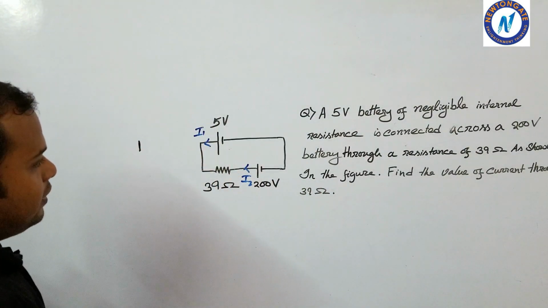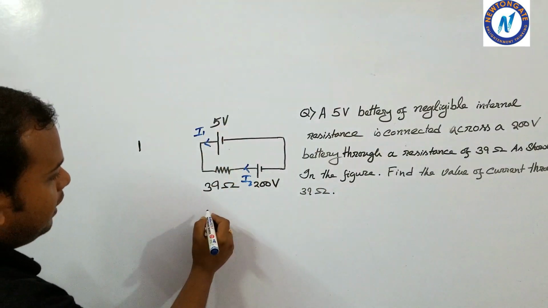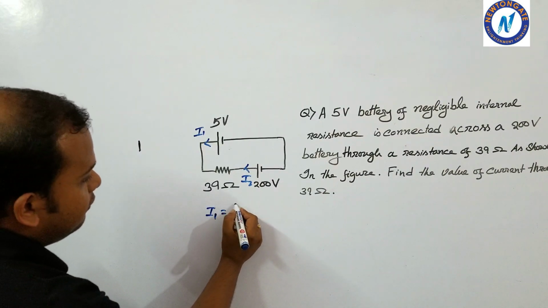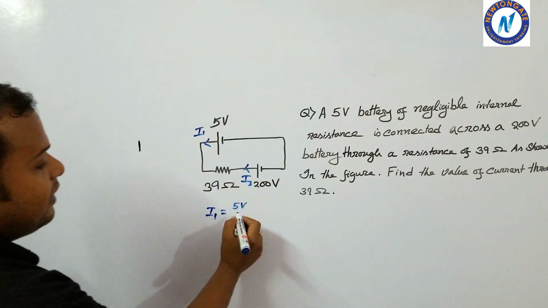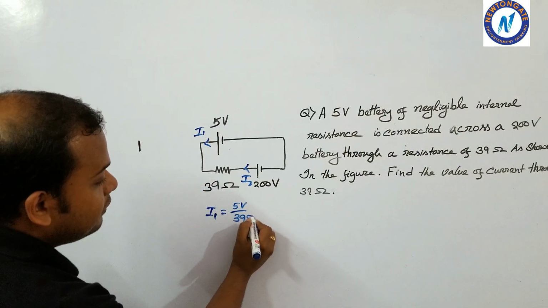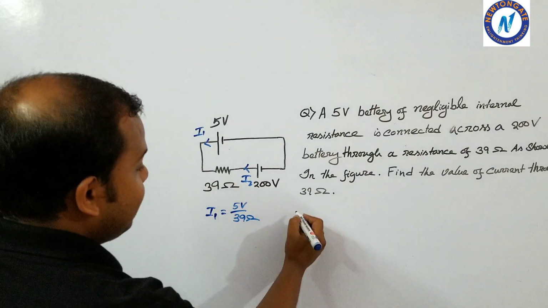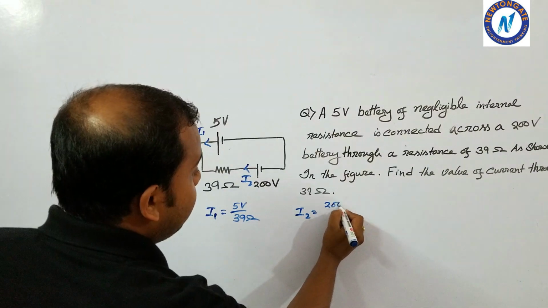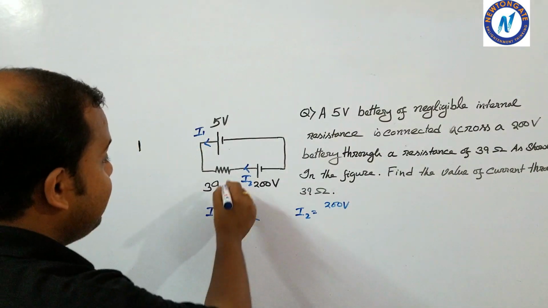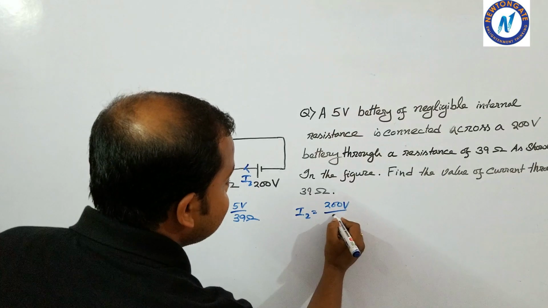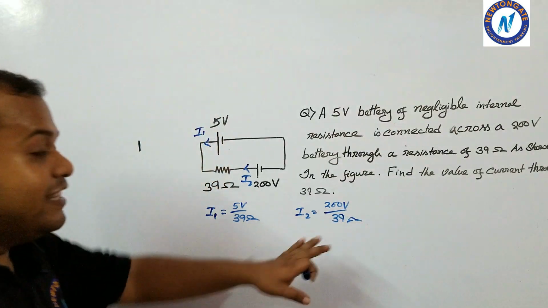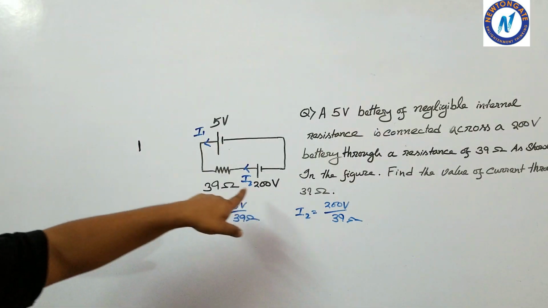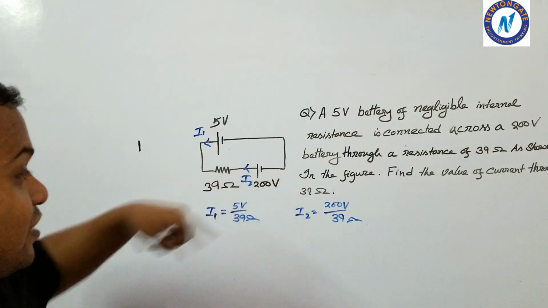So for this I1, can I say that I1 is basically 5 volt divided by 39 ohms, and for I2, can I say that I2 equals 200 volt divided by this resistance itself. So this is 39 ohms, right? So these are the two currents, and the net between these two currents is the net current through this resistance of 39 ohms.